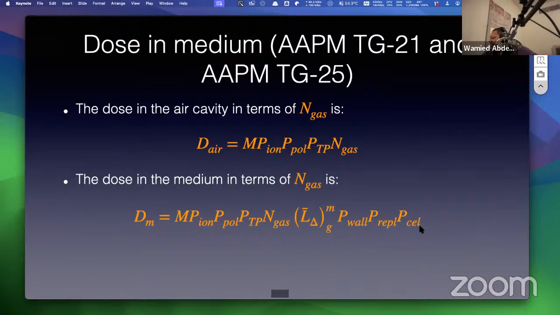And then the remaining correction factors, P-wall, P-replacement, and P-central-electrode, all three depend on the chamber as well as on the radiation. So this is a big advantage of determining the dose with N-gas: N-gas is energy independent. But the problem we face is that we have to determine all of these factors for the chamber and for the radiation beam quality.